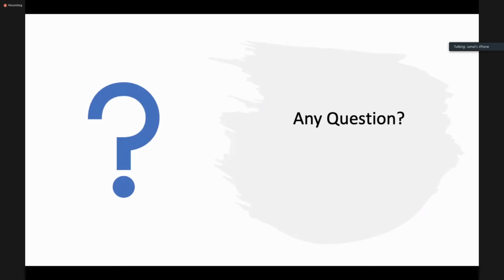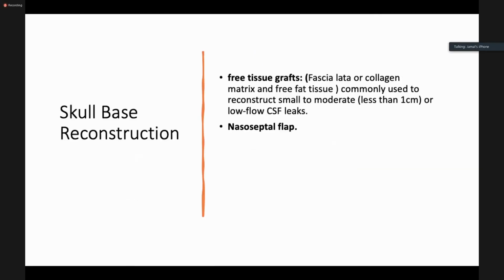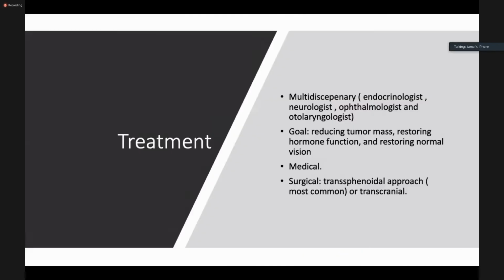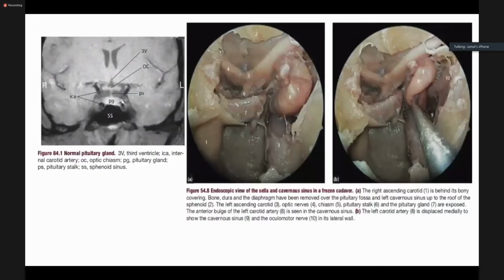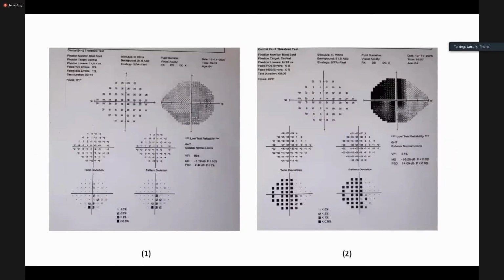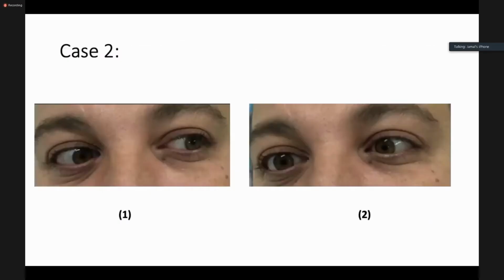Assalamu alaikum. The presentation sometimes comes as an acute presentation. They come to the ER, mostly with a severe headache, because they have acute apoplexy, that means bleeding inside the tumor, which causes pressure and a severe headache.